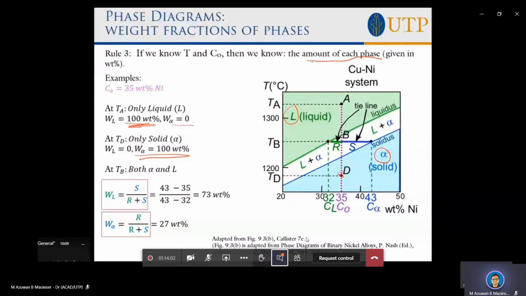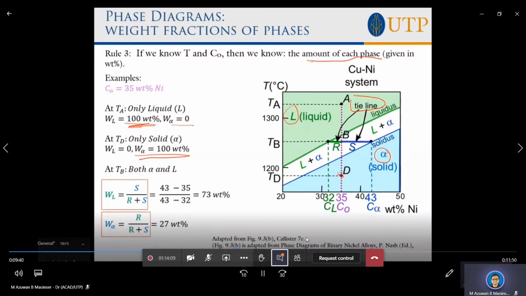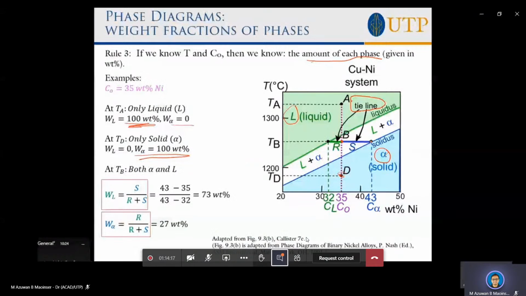Okay, we are dealing with the tie line. Your tie line must be indicated where you are here. So draw a line to your right until you reach the boundary with the other phase. This is the solidus line. Stop. That is how long your line is. And then you extend to the left until you reach the boundary with the next region. So stop. Okay, you label your line.